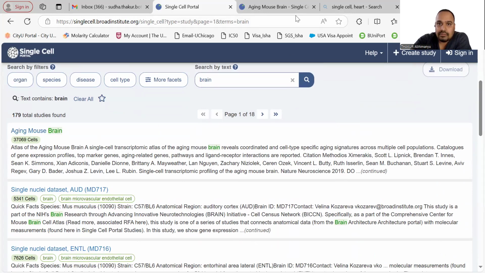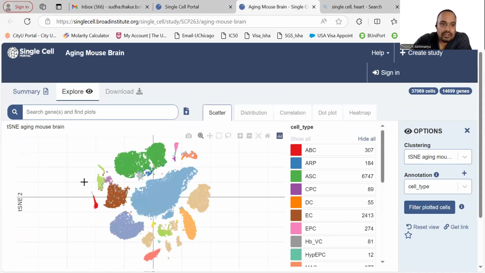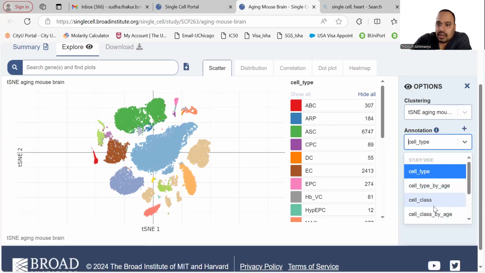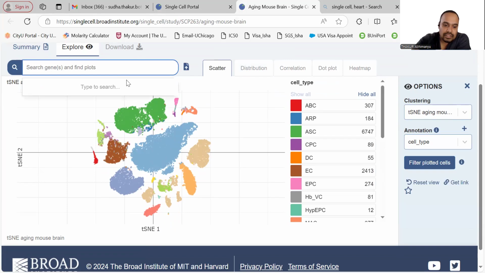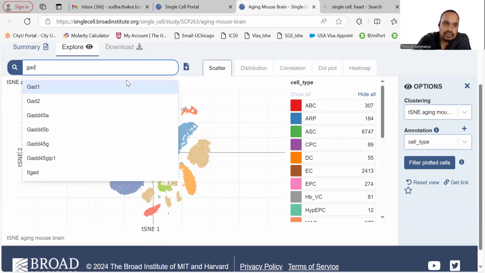Neuroscience in a 2019 paper. After going to this website, you can easily examine the t-SNE plot or the cell type specific plot, and identify cell class by aging, or all cells by aging, and many other types. For example, there is a housekeeping gene, GAPDH.